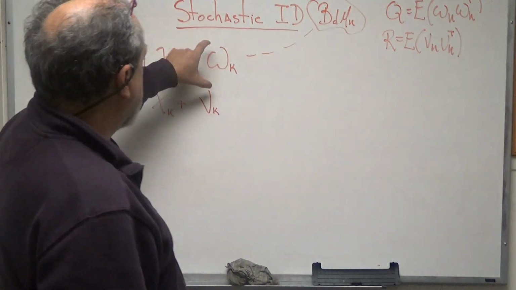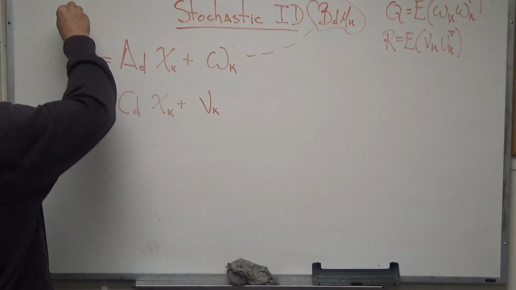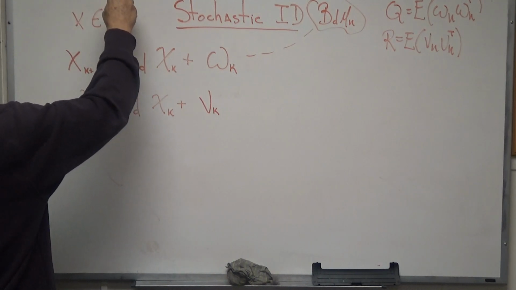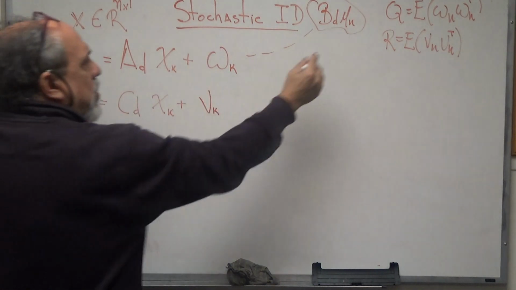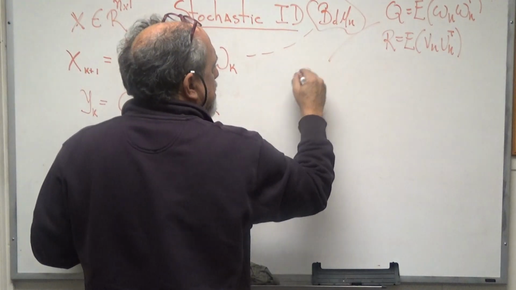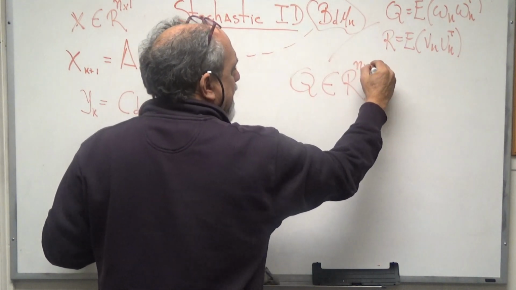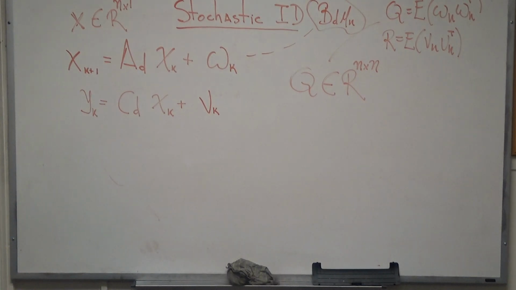Q is a matrix, omega k has n entries, right? So X belongs to real n by 1, right? Therefore, it's evident that Q is a matrix that is also real and is n by n.